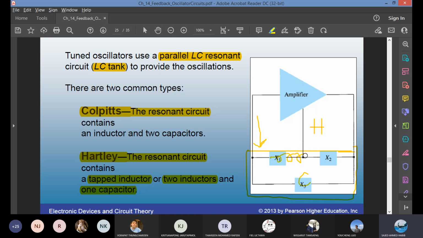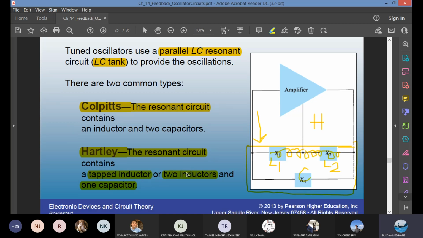Let me draw 1 continuous inductor like this. And then you have a center tap connection. When you have a center tap connection, each side of the tap connection is considered 1 individual inductor. This is the Hartley. We can see practical examples.